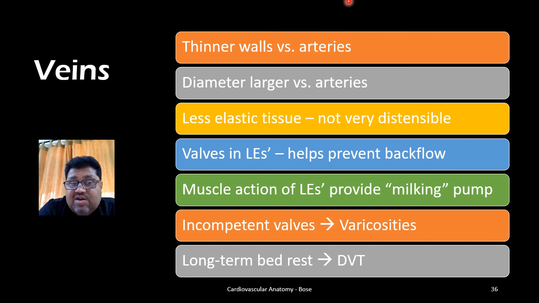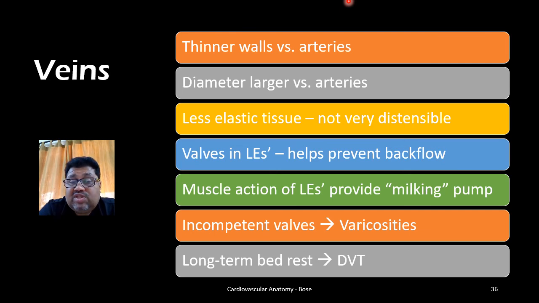This is in direct comparison with the arteries, which carry blood away from the heart. Compared with arteries, veins have thinner walls and a larger diameter. Veins also have a very low amount of elastic tissue, and therefore they are not distensible; they do not stretch.